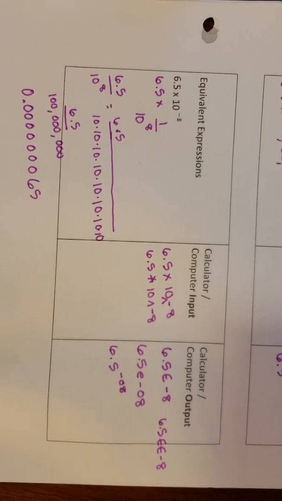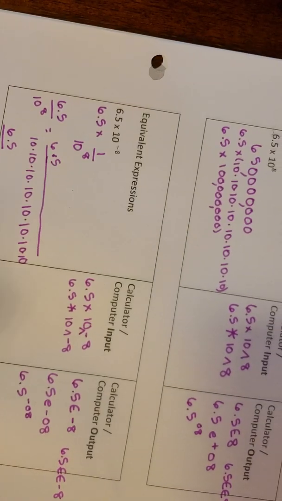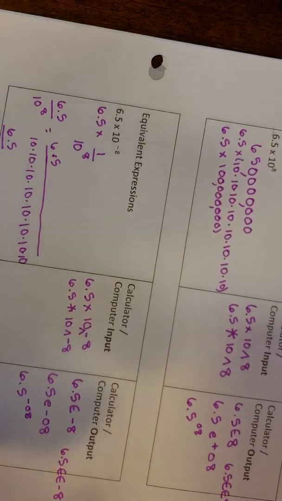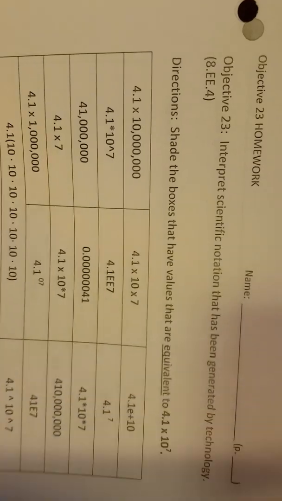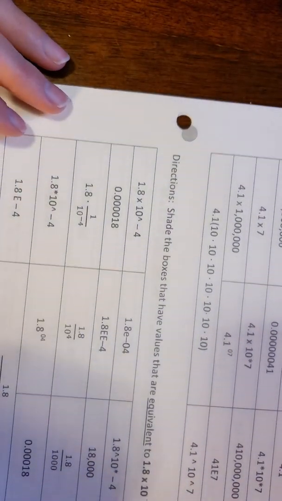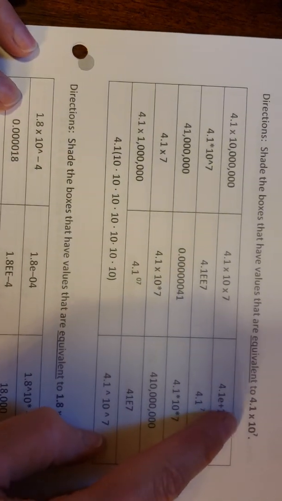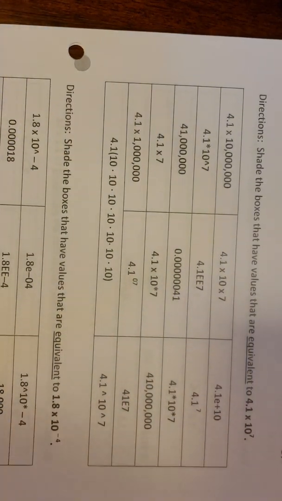So you should keep these notes on hand because you will want them for your homework. I really like this homework assignment. You will have two values, a large one and a small one, just like our notes. And your job is to shade the boxes that have the same values as 4.1 times 10 to the 7th power.